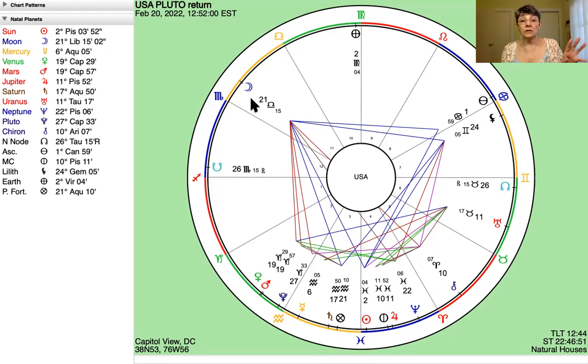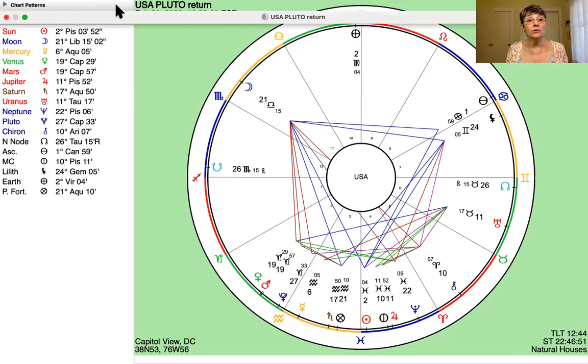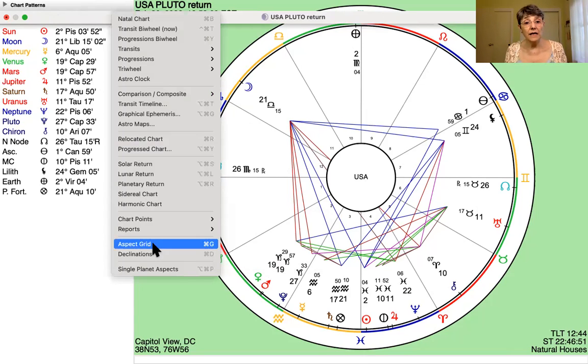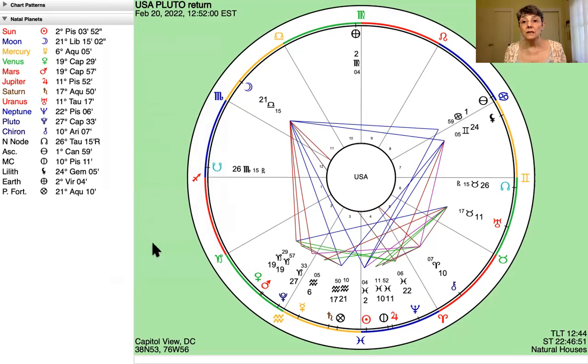Let's go back to the concept of the fan, right? This is the fan, and this is the handle, the moon, right? And if you look at it, all these planets are aspecting the moon. The moon is the one planet that has most aspects. And let me show you the aspect grid here. Oh, you can't see it. Let me see, share.